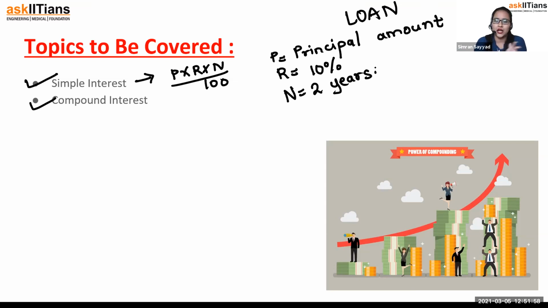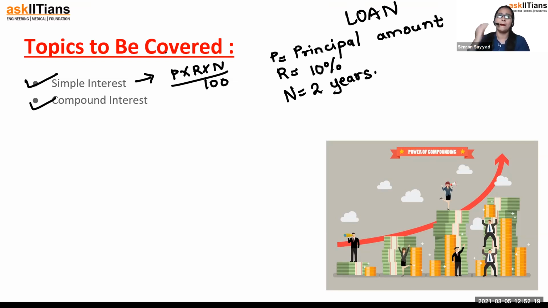And see here the rate of interest is in percent, that's why we have to divide it by 100. That's it. So this is simple interest. It's really very easy. Whatever the principal amount is, on that you have to pay the 10% interest, and according to that you calculate the simple interest.